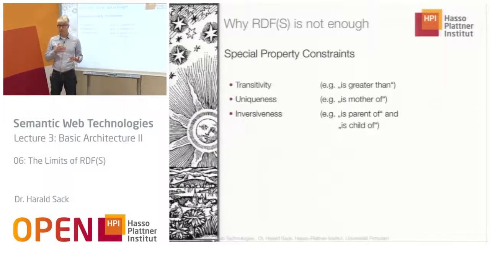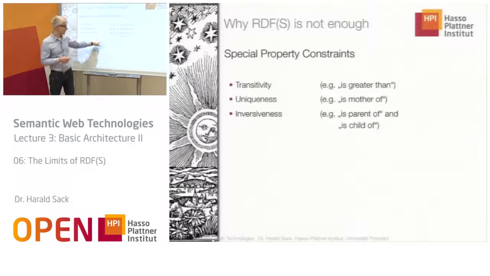You must have the possibility to express uniqueness. Or you can also state that two properties might be the inverse of each other. So is parent of is the contrary of is child of. Each child has a parent, and each parent has a child, and they are connected with each other. This, of course, is an inverse relation, is parent of, is child of. So somehow we must have means to express this fact.